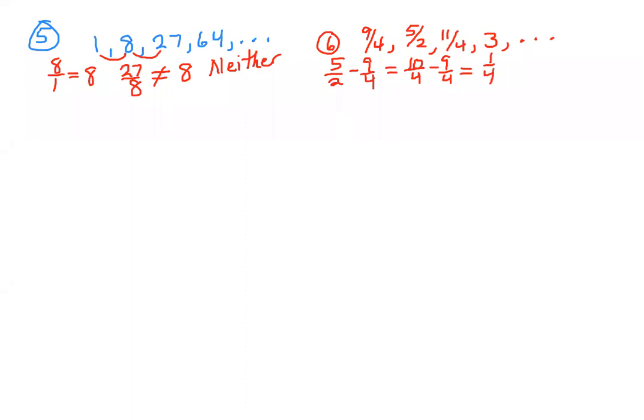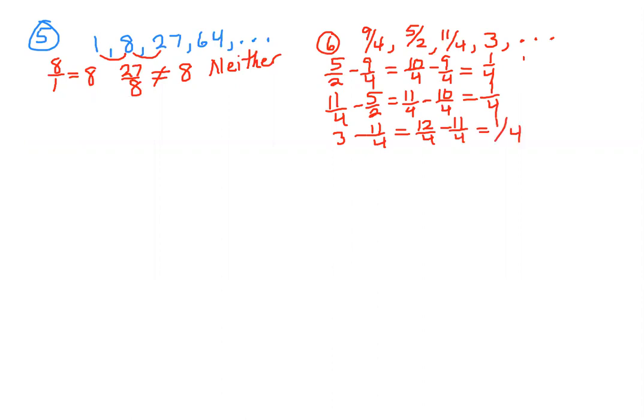Then 11/4 minus 5 halves is 11/4 minus 10/4, which is 1/4. And 3 minus 11/4 is 12/4 minus 11/4, which is 1/4. So this is arithmetic, and D equals a fourth. We're adding a fourth each time.